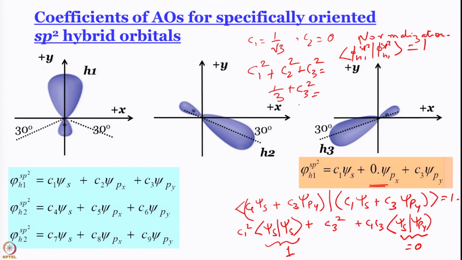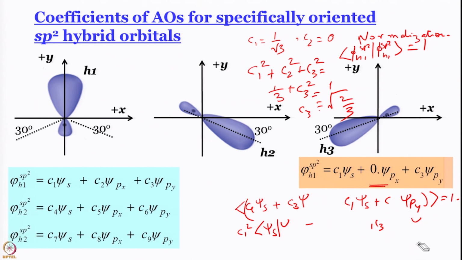So, 1/3 plus C3 square equal to 1. So, C3 is equal to 1 minus 1/3 is 2/3, root over 2 by 3. Not very difficult to figure, in fact it is very easy to figure out. I do not even have to do the rest, you can figure out the rest by yourself. It is very simple, fun, like solving Sudoku or something, and it gives you some very interesting insight.